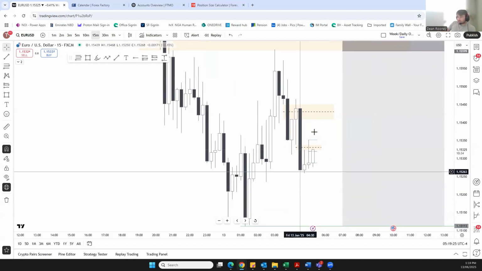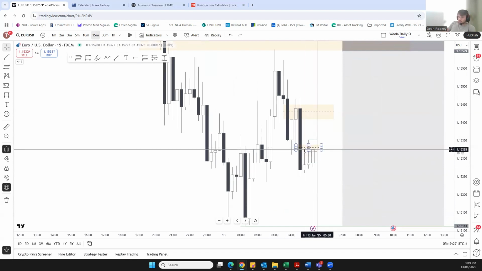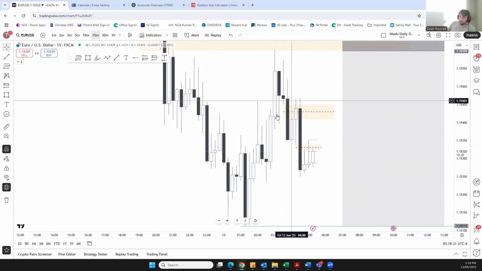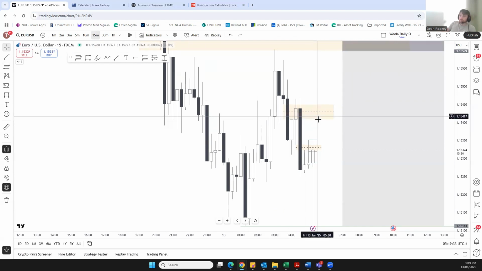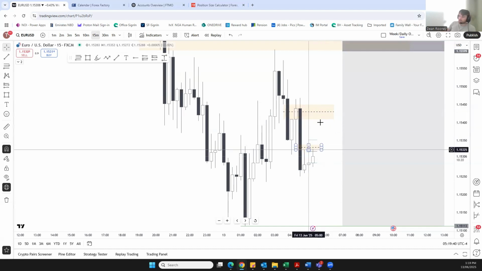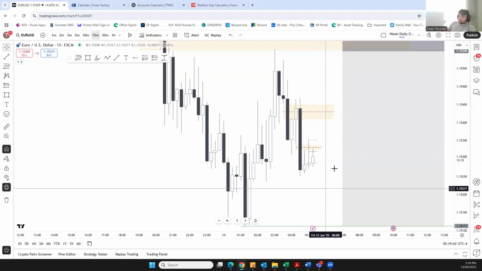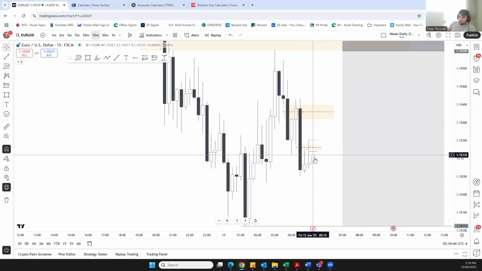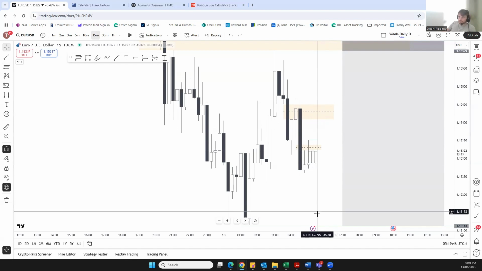As I said, this could potentially get ignored and travel up into here to touch the bottom of this fair value gap. If you were in a trade and it started to close really strongly up into here, then you might be concerned. But look how that's rejected now.